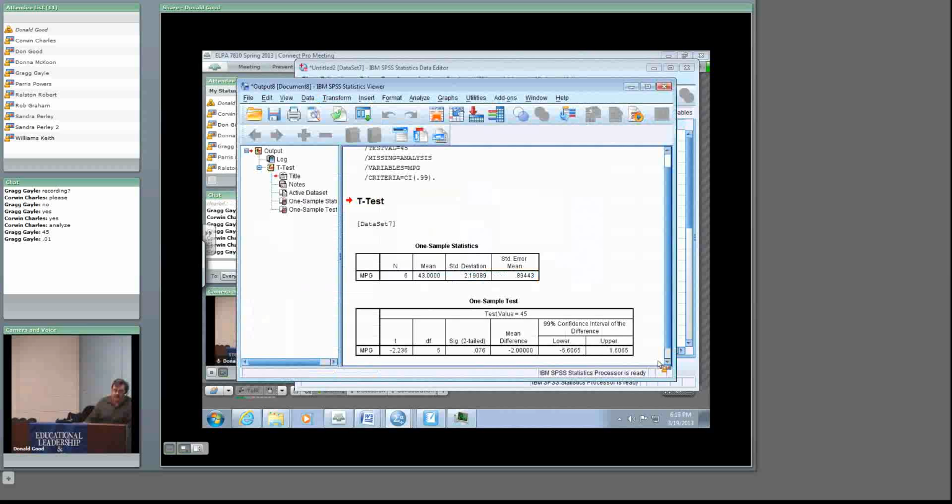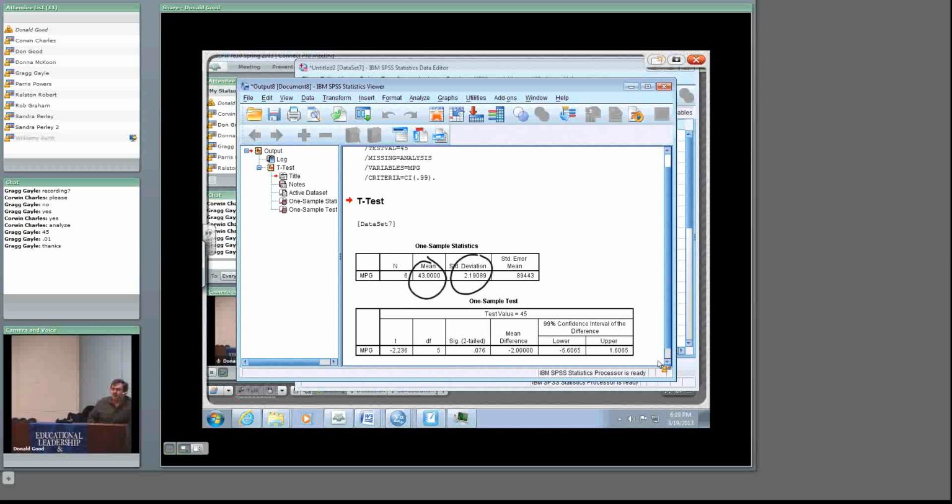All right. Notice we've got, I'm just going to circle the whole table here. I'm going to report the mean and standard deviation. Remember my t-value a minute ago? How different is it? A smidgen.